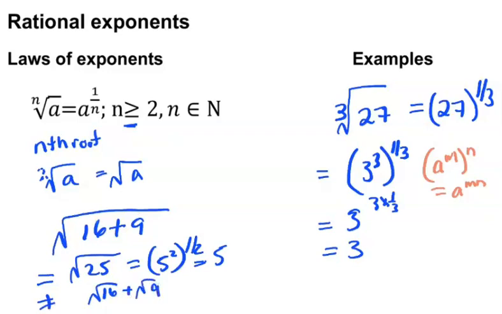Remember, this square root is like a bracket, so this 16 plus 9 must be added first. We cannot apply this rule if it's not multiplication inside the square root, inside the nth root. Very, very important.